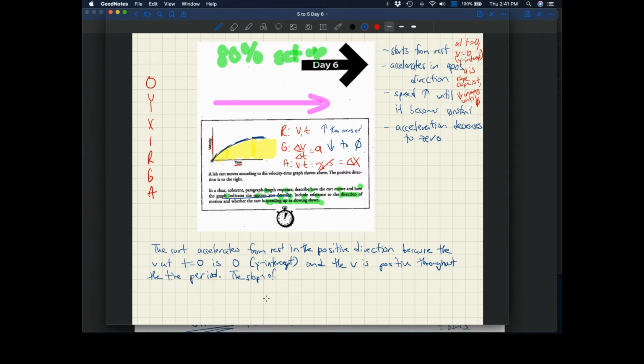The slope of the graph, acceleration, is steepest at the beginning, is positive, but decreases in magnitude to 0 at the end of the time interval.